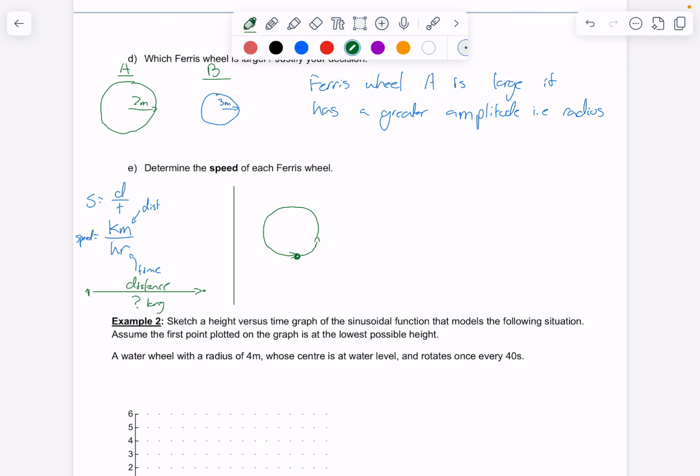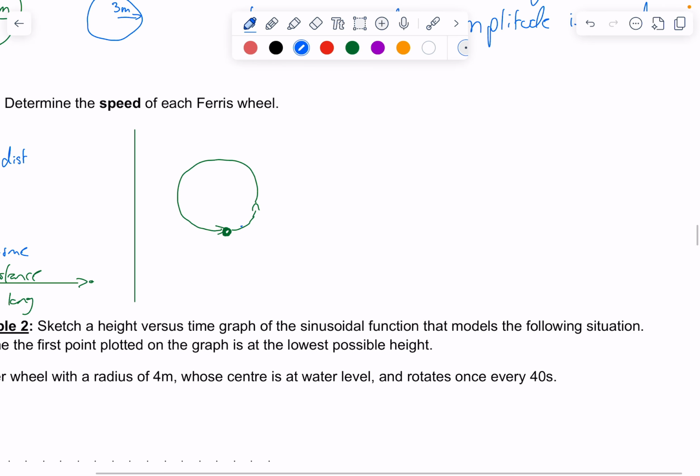So if you were to ask how long does it take you to walk this path along this distance, well, what you need is the circumference. And circumference of a circle is 2 pi r, okay?